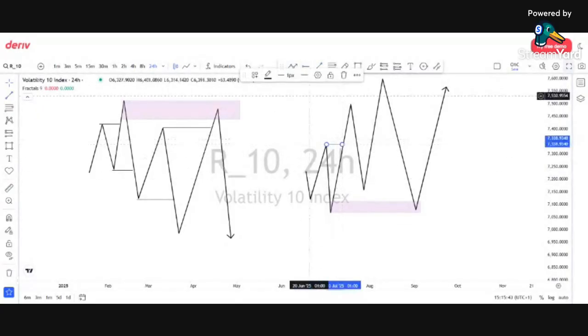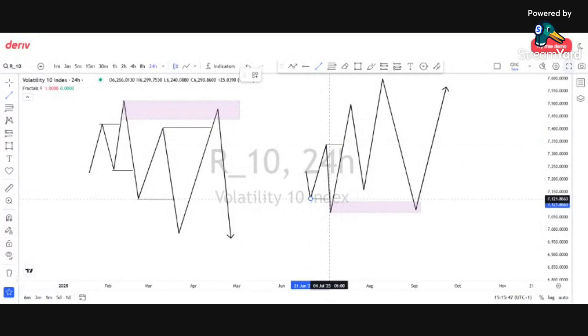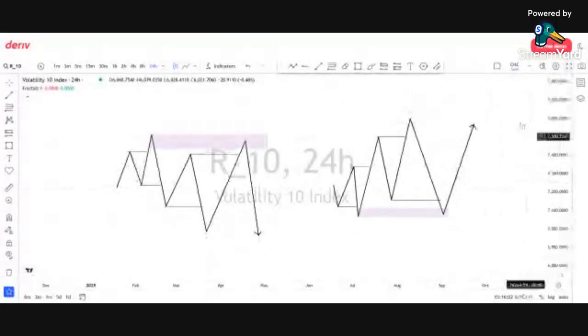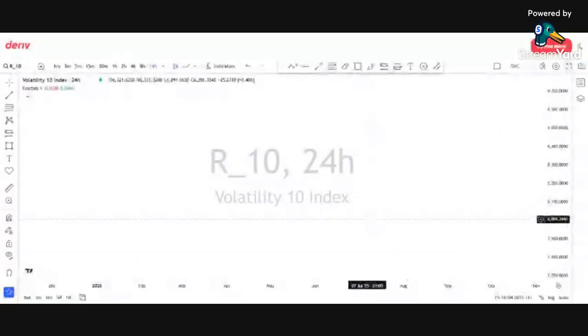Break of structure. This was the sweep of the low for a buy. Sweep of a low, then second break of structure, then structural liquidity. So this is the type 1. Take note of this. That's the type 1.